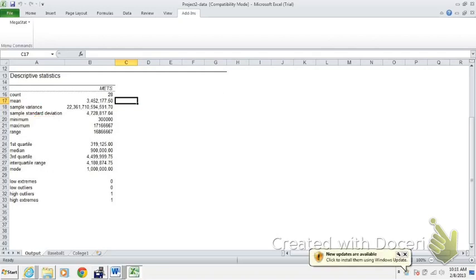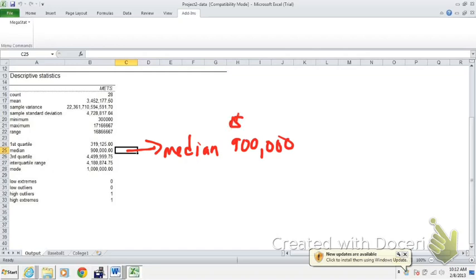Oh, I forgot to mention that the project asked for the median as well, and that's something I wanted to highlight here. I don't want to say too much to give it away, but we talked about this in class: notice that the median salary is only $900,000. Hey, $900,000, that's significantly less than the mean.